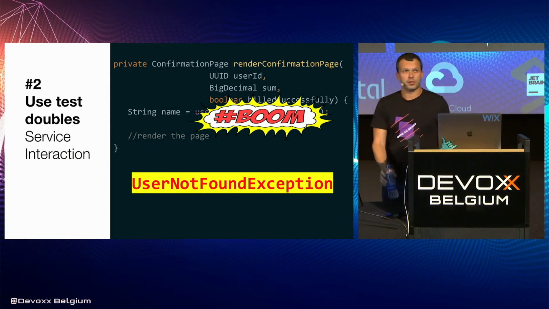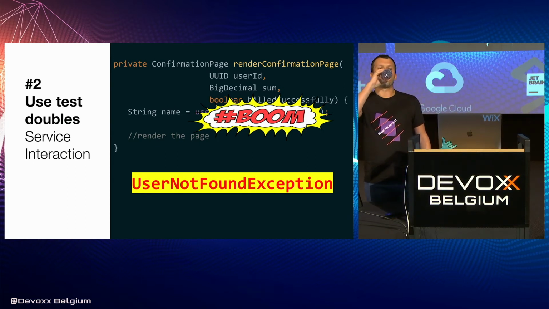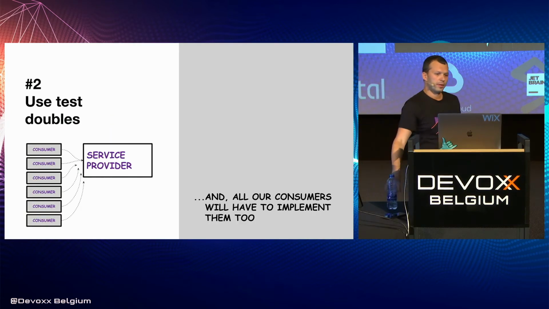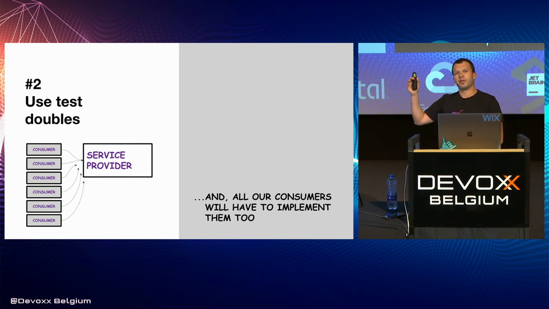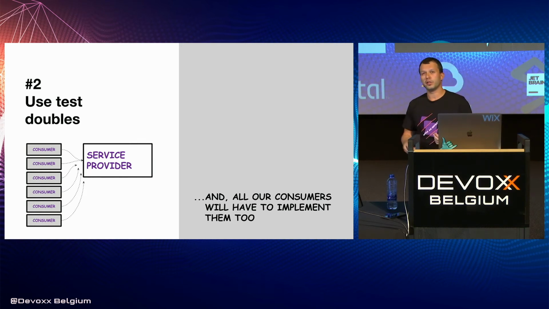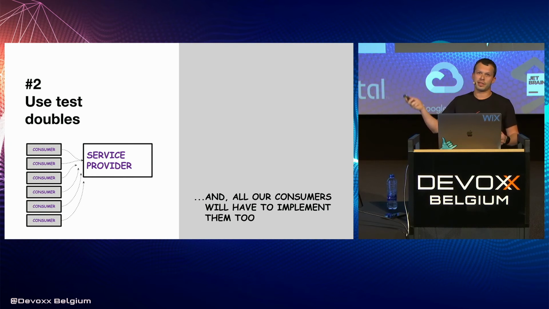There is another disadvantage with this approach. If there is a service provider that has a lot of consumers, so most of the services in this company will probably use the user server, each team of the consumers will have to implement these test doubles. So it's a lot of duplicate work.